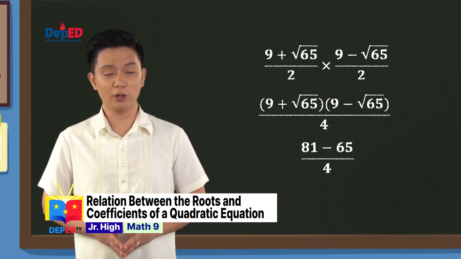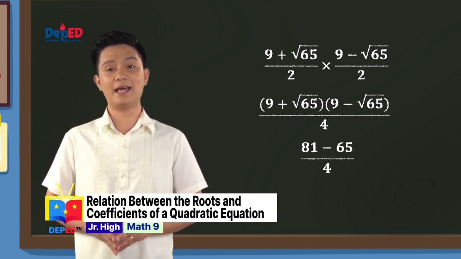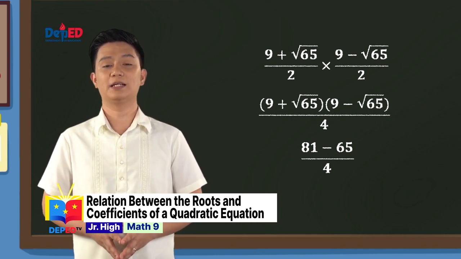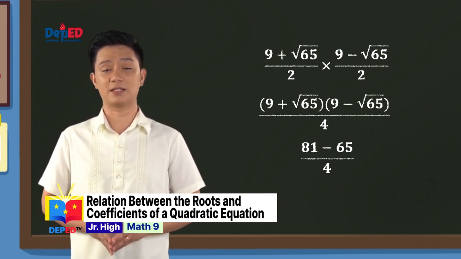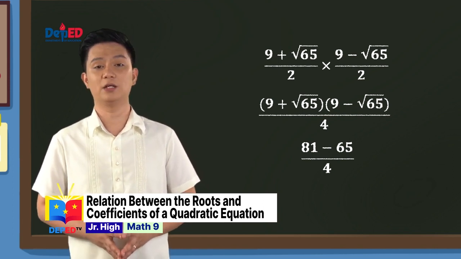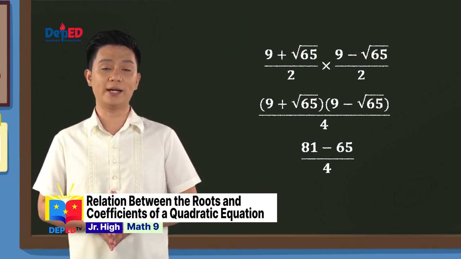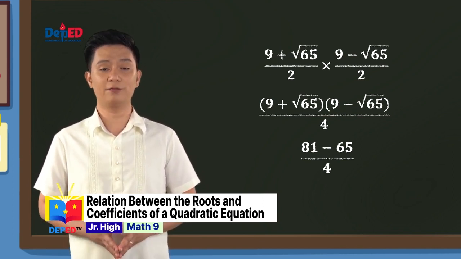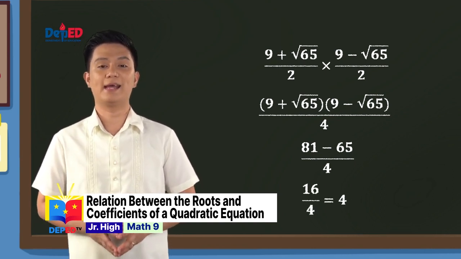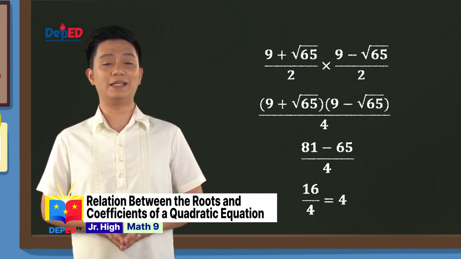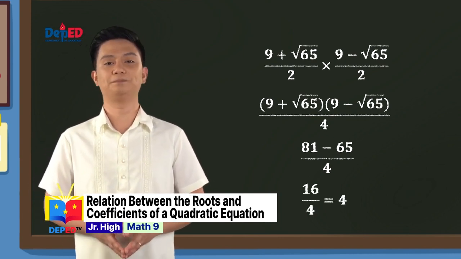So, we multiply the first terms and then the last terms. 9 times 9 is 81. Square root of 65 times itself is just 65. Recall that when you multiply a radical of index 2 by itself, the product is equal to the radicand. Hence, the product of the roots of the equation is 4.